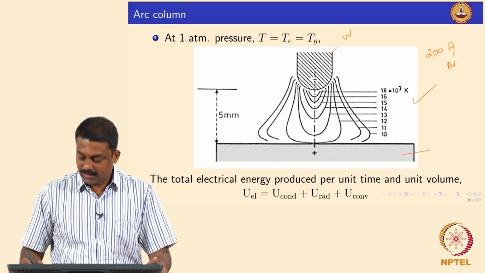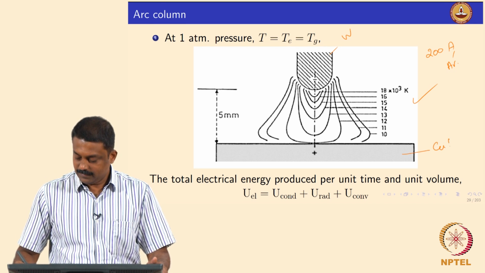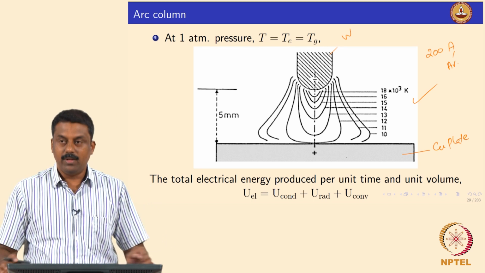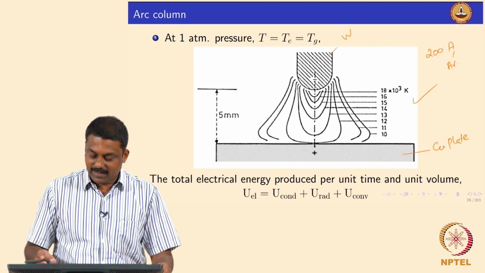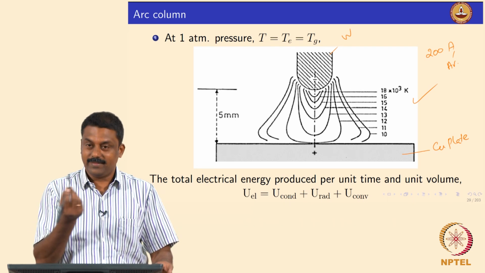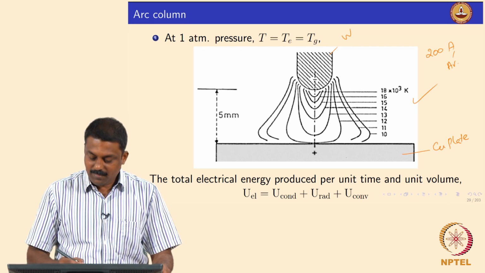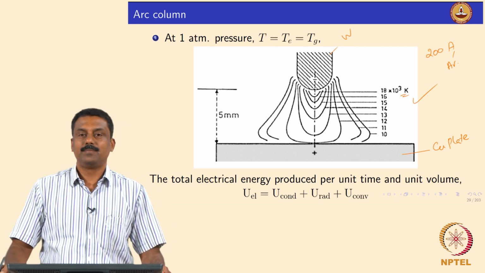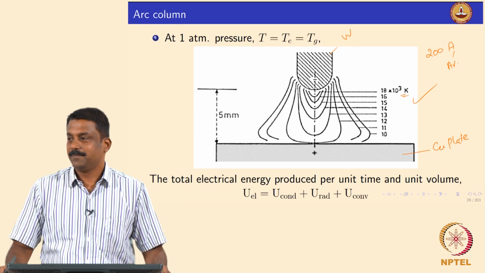And this anode is a copper plate, which is a water cooled copper plate, so it's fully cooled. When you look at the typical temperature distribution at one atmosphere, at the center of the arc, the temperature can go up to 18,000 Kelvin.